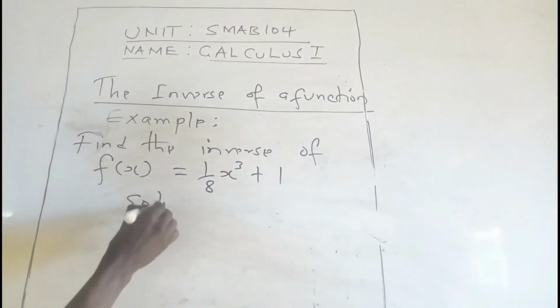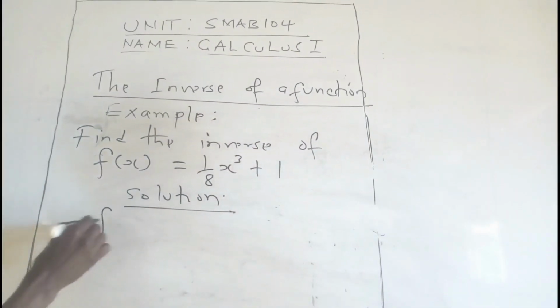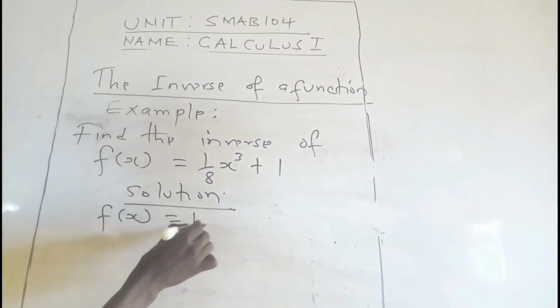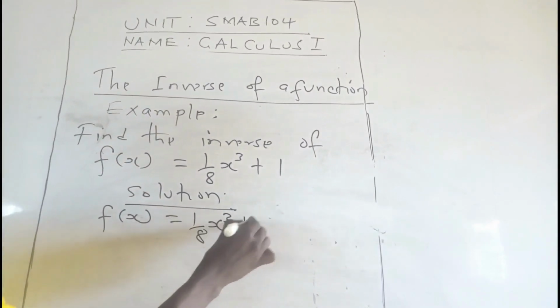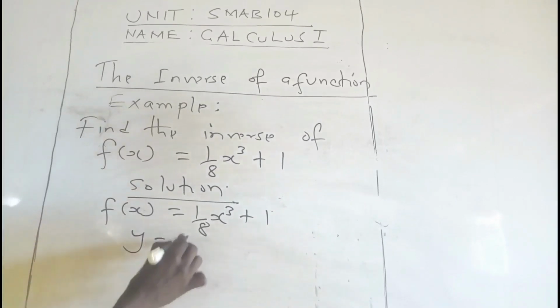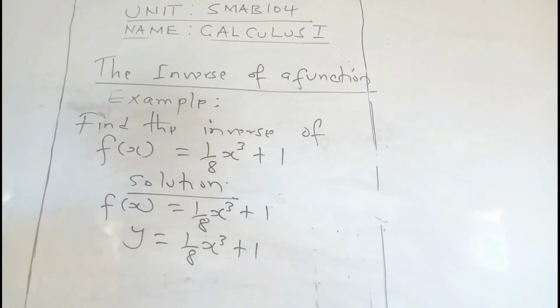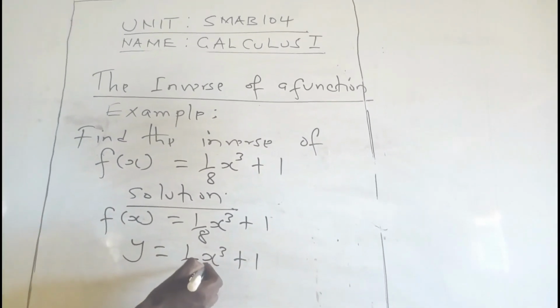The solution to this: we have the function as f of x is equal to 1 over 8x cubed plus 1. Replace f of x with y so as to have y is equal to 1 over 8x cubed plus 1. And then we make x the subject of the formula.